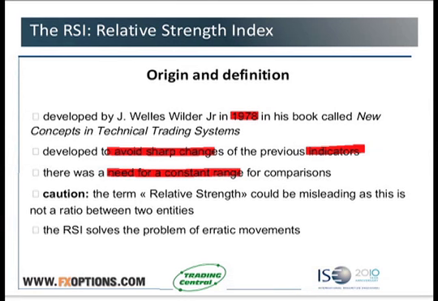And be very cautious, because the term relative strength is not a ratio between two entities. For example, sometimes in the financial market you can hear of a ratio between, let's say, a stock and its index, for example Boeing toward the S&P, and this is what we call a ratio or relative strength.